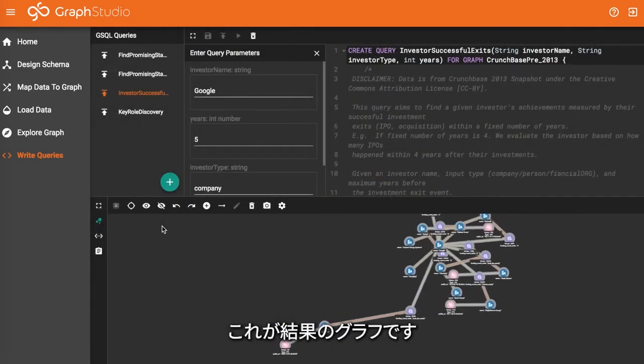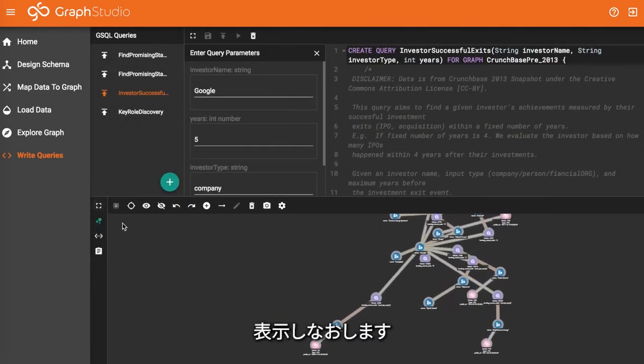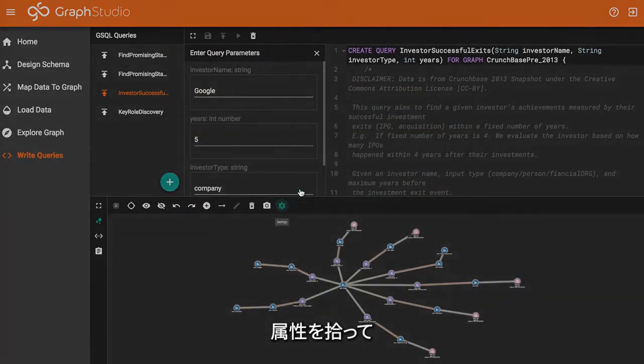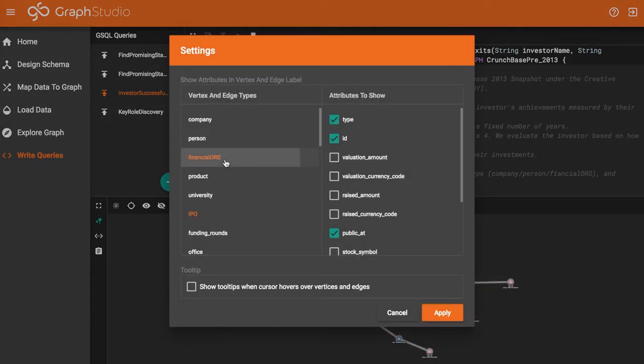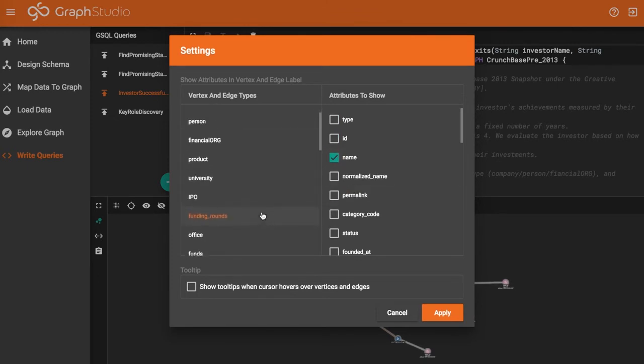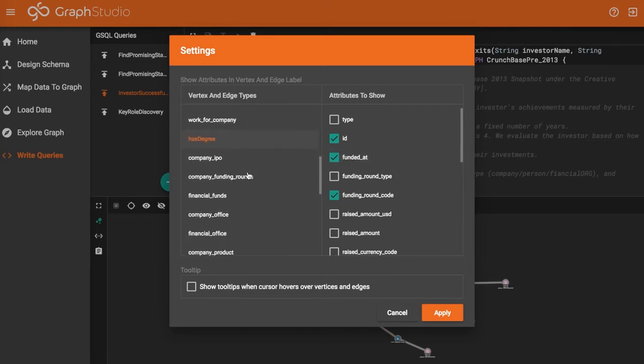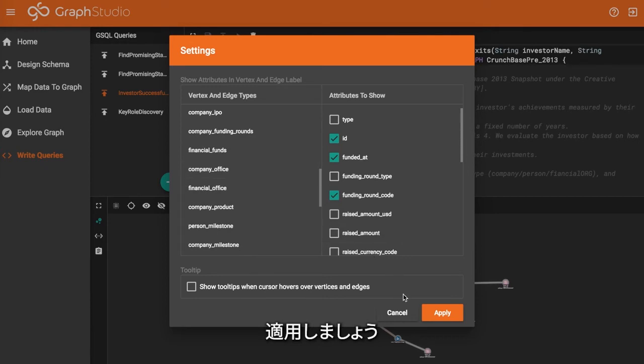So here's the resulting graph. Let's redraw it. So we will pick some attributes. And we'll apply them.